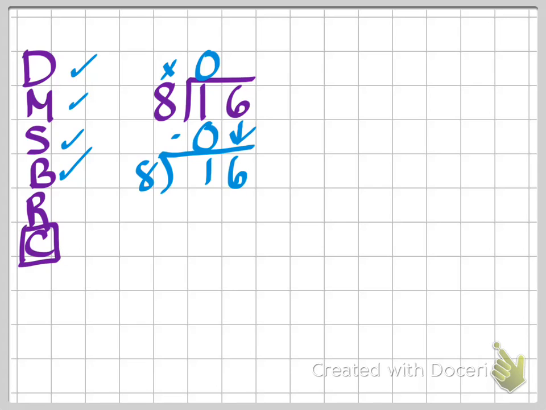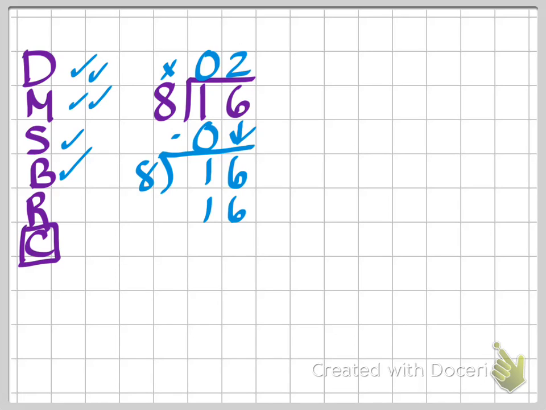How many times does 8 go into 16 now? And no, you could not have skipped the step, because we are not to that point where you're skipping steps yet. So how many times does 8 go into 16? And you will say, of course, 2. At least I hope. And so you divided, check. Now you have to multiply. 2 times 8 is 16.